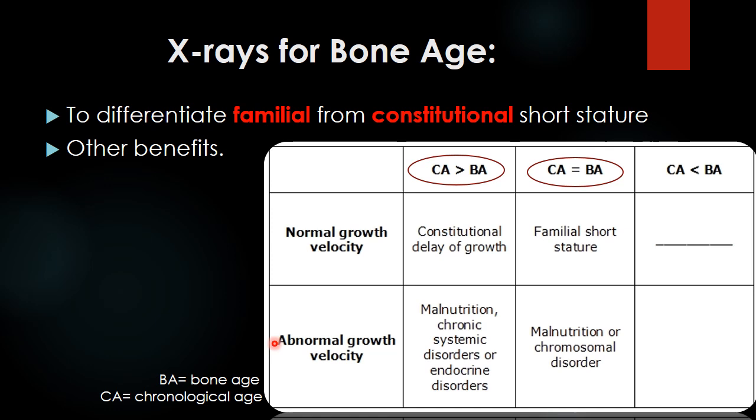Now, the last entity which I want to highlight here is if the bone age is advanced compared to the actual age. Here, there would not be short stature. The condition would be if there is abnormal growth velocity, perhaps accelerated growth velocity, and the conditions would include precocious puberty.